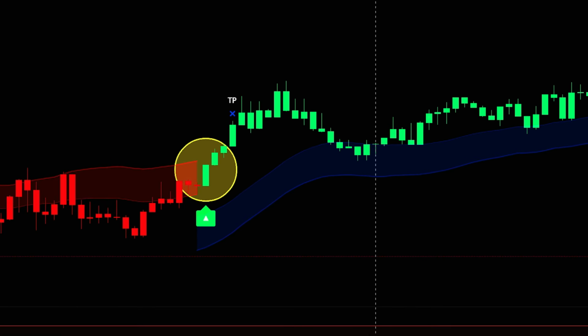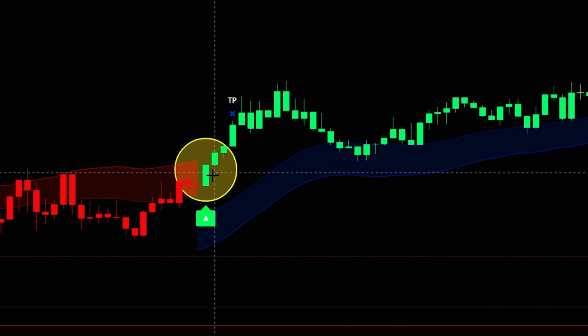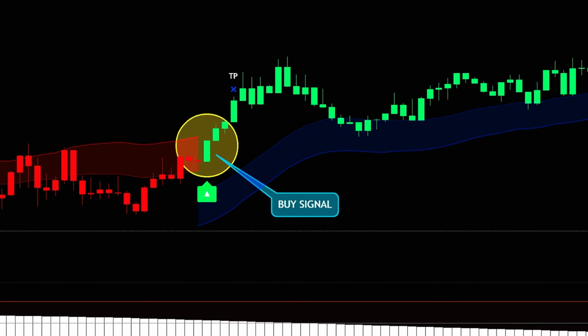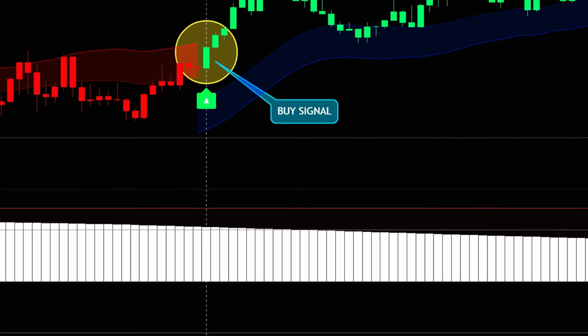Next up, a few candles later, watch this buy signal. The histogram is above zero, trend lines match.